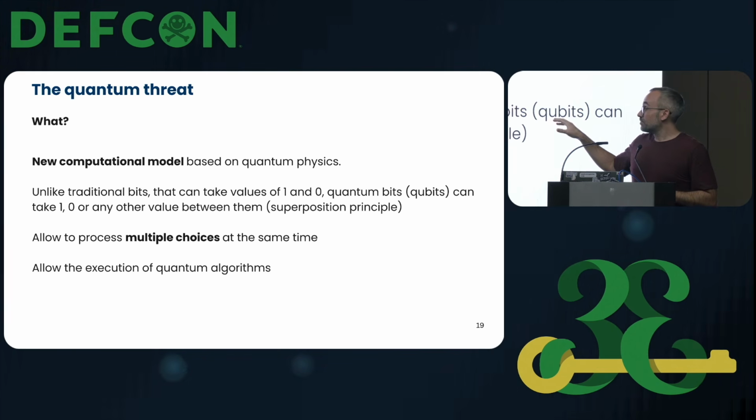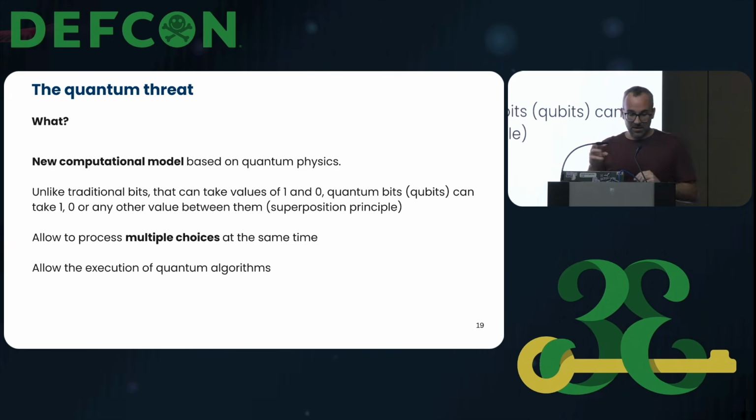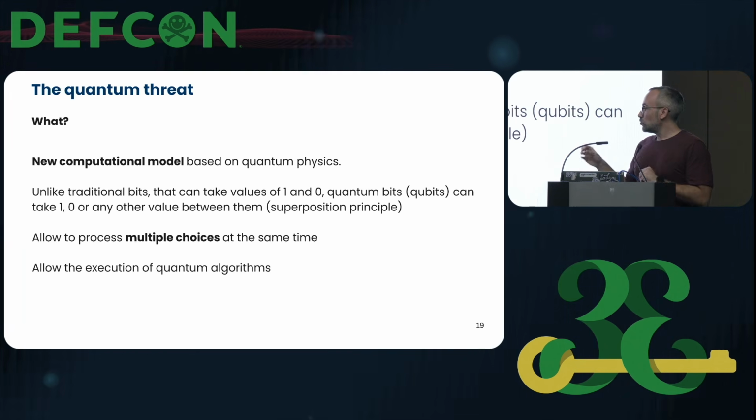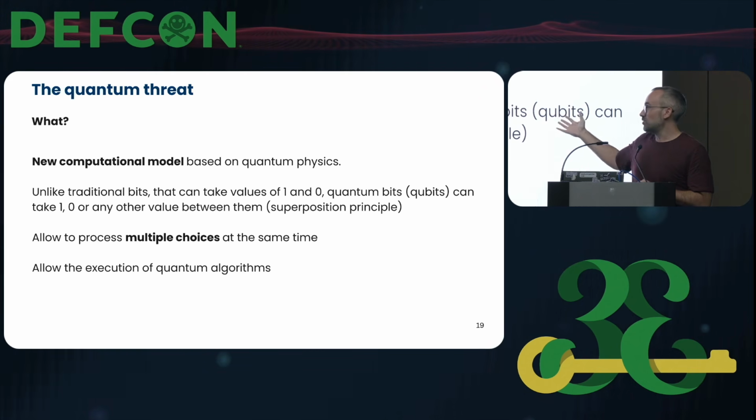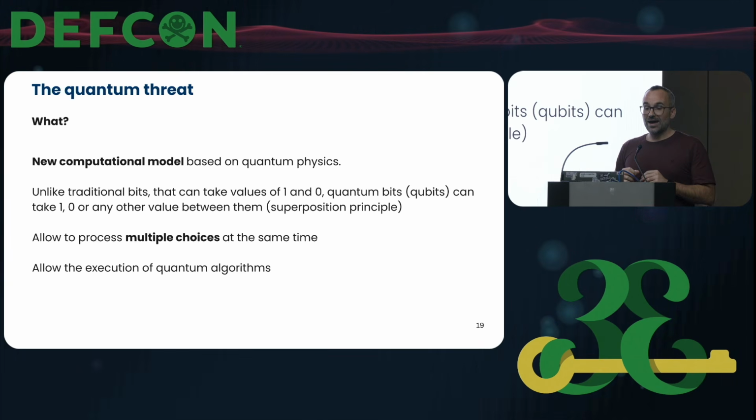They can do this because of the superposition principle of quantum physics. This allows the processor to evaluate multiple choices at the same time. And obviously, the quantum processors allow the execution of quantum algorithms.